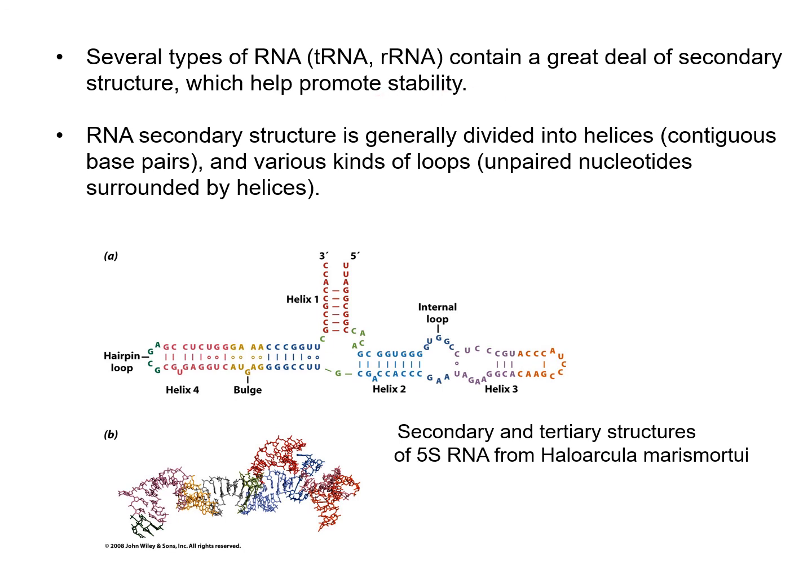the RNA molecules too. And RNA secondary structure is generally divided into helices, which are formed by contiguous base pairs, and the various kinds of loops too, which are formed by unpaired nucleotides surrounded by helices. So you can see the loops here, internal loops, and there could be some other loops too, and also some of the helices that are formed by base pairing within one RNA molecule.